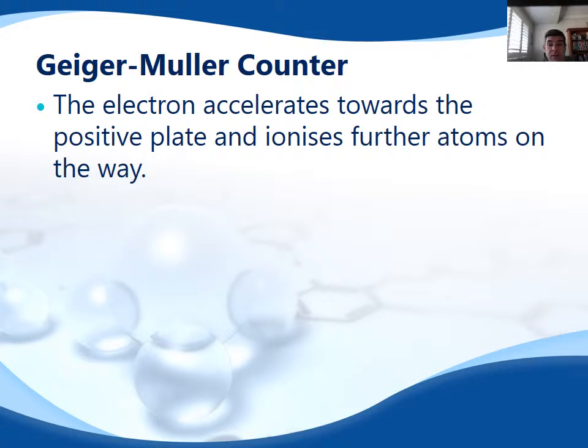The electrons will accelerate towards the positive plate because we know the electrons have a negative charge and therefore they'll be attracted to the positive plate. On their passage to the positive plate, they may actually ionize additional atoms on the way.